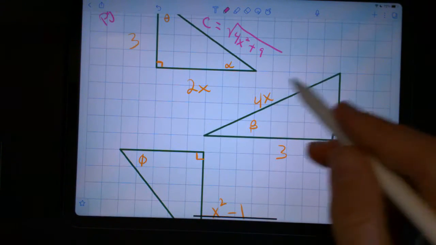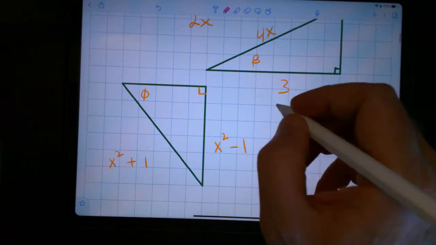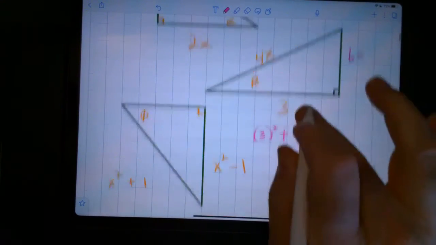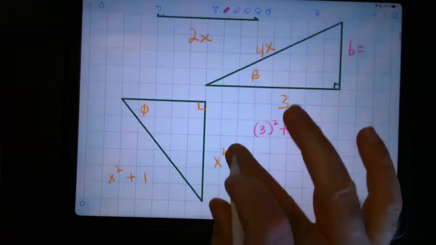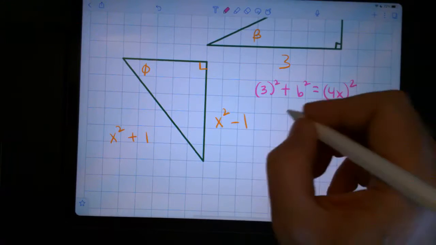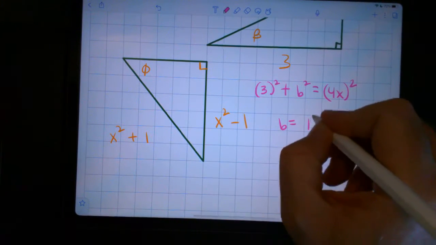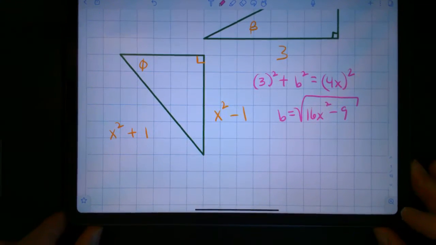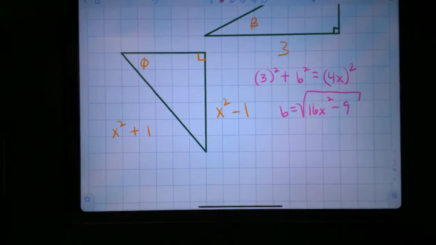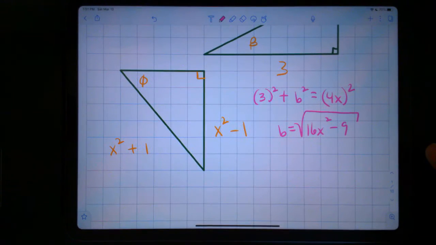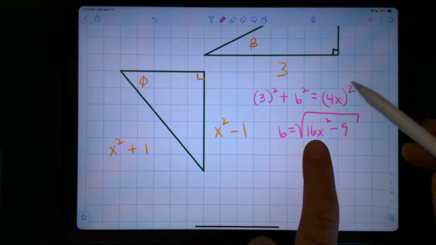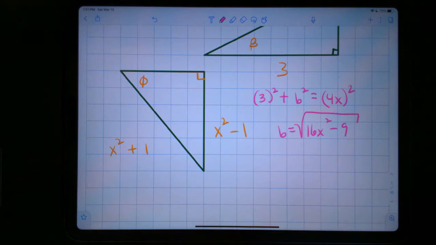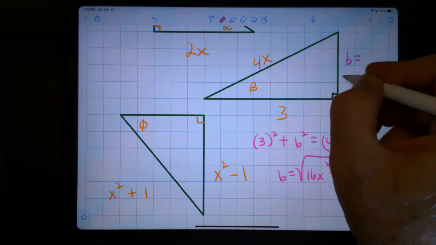Okay, similarly, let's find out what happens over here. If we label this as B, four x squared is 16x squared, and then subtract 9 from both sides, and then take the square root of all of it.